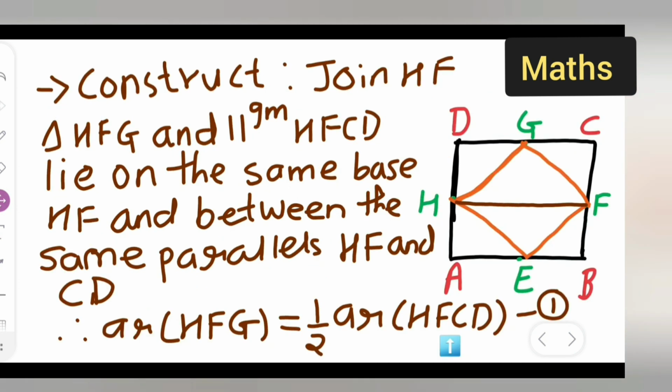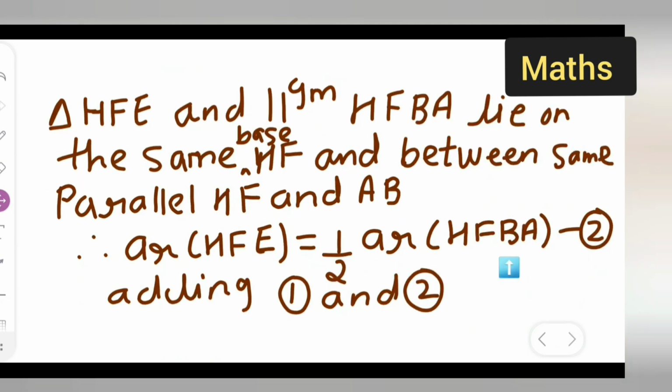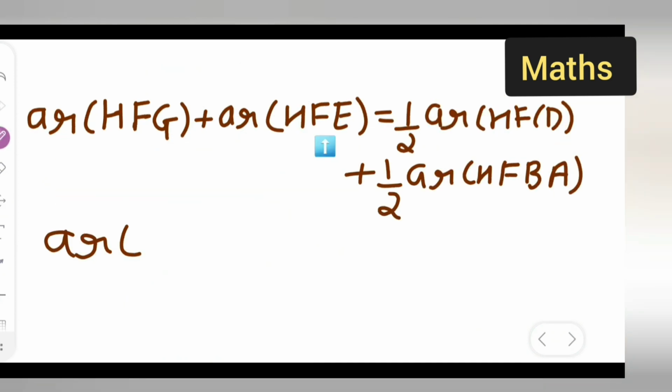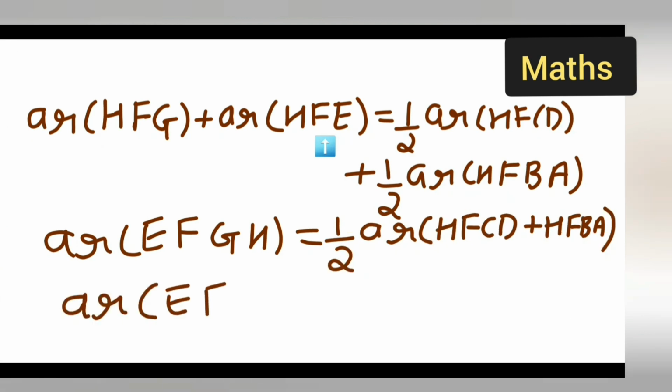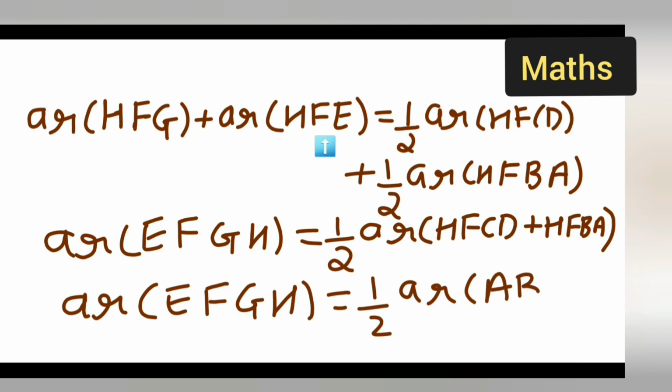So area EFGH is equal to half of area HFCD plus HFBA, and this gives you half of area ABCD.